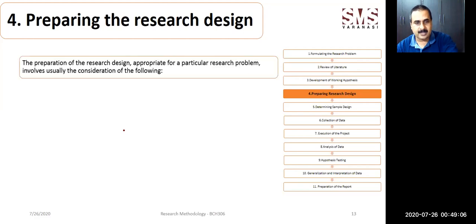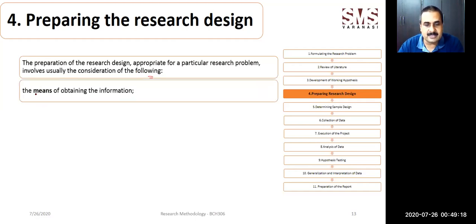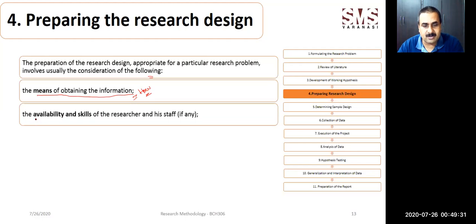Moving ahead, the preparation of the research design appropriate for a particular research problem usually involves consideration of the following. Before devising any research design, we have to consider certain things. First, the means of obtaining information, by what means we are going to obtain our information. So the how question is covered in this. Then availability of skills of the researcher and his staff. So the whom question is answered in this.